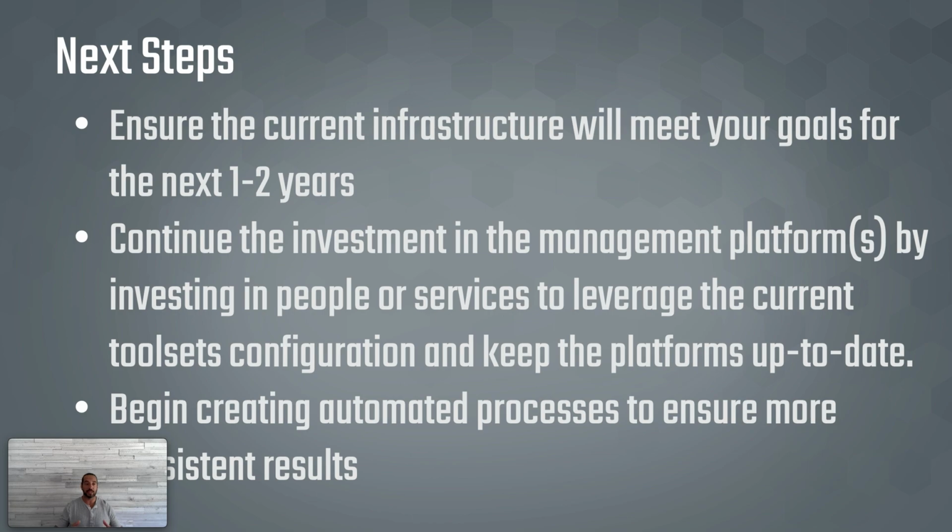Those devices are being lifted up into Azure, synchronized up in Azure, and enrolled in Intune, let's say, right? So making sure that your current infrastructure will meet your goals for the next 1 to 2 years, while you may not have the level of investment in those current tools today, such as SCCM or Intune, the tool sets themselves and the feature sets would likely meet your goals for the next 1 to 2 years.